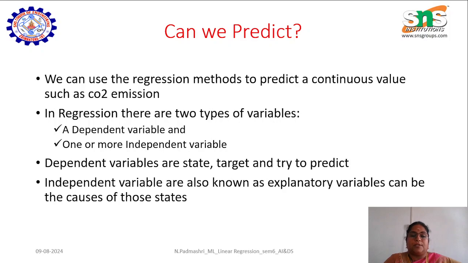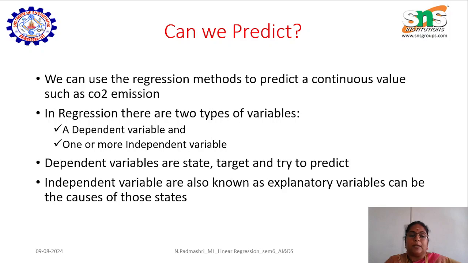In regression, we have two classifications of variables. One is the dependent variable and the other is one or more independent variables. These are the two variables we are going to use in linear regression. The dependent variable is the target value, the value that we are going to predict.